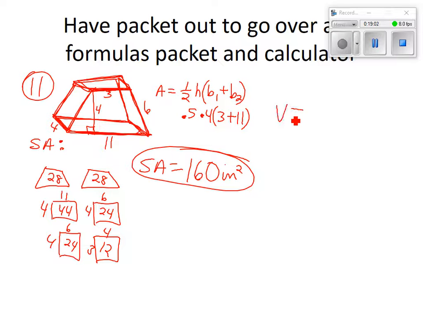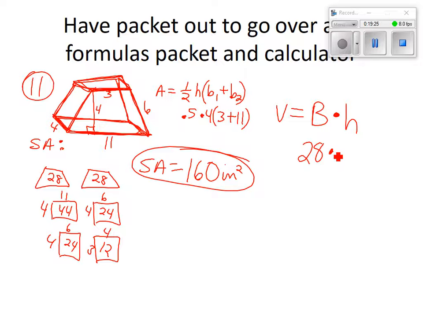How do we find the volume? What's the formula for volume of a trapezoidal prism? Base, Big B, times height. For the big B, we already found it. That's the trapezoid, so it's 28, the area of one of the bases, times 4.